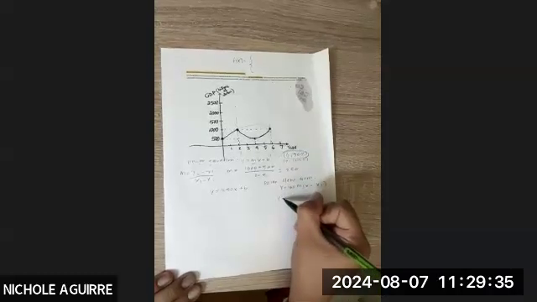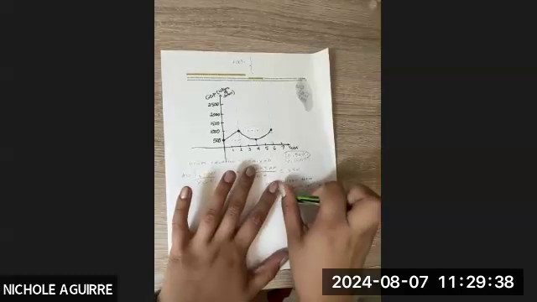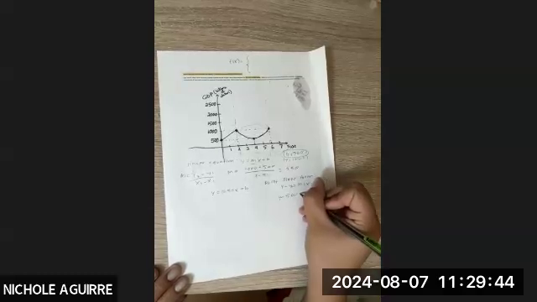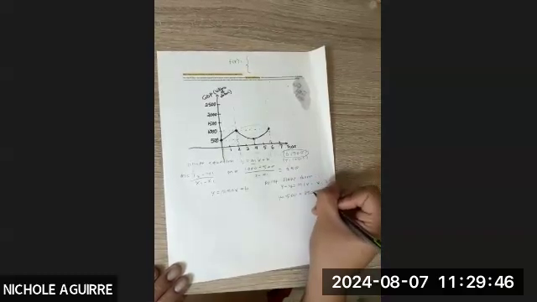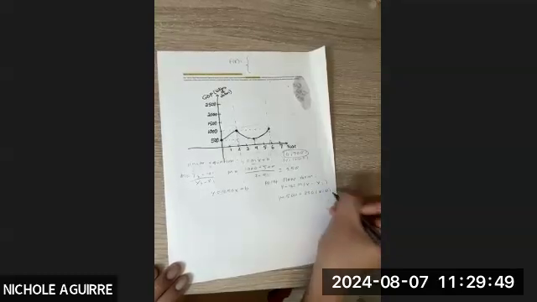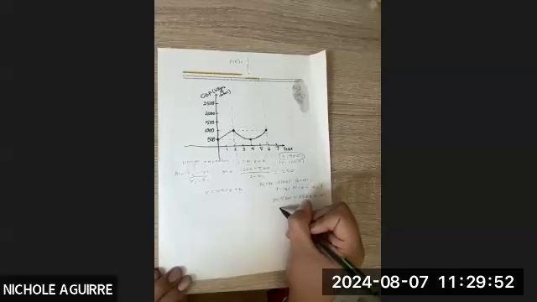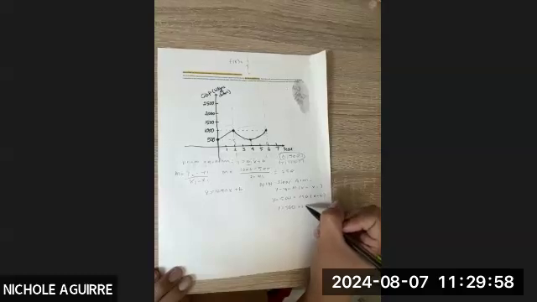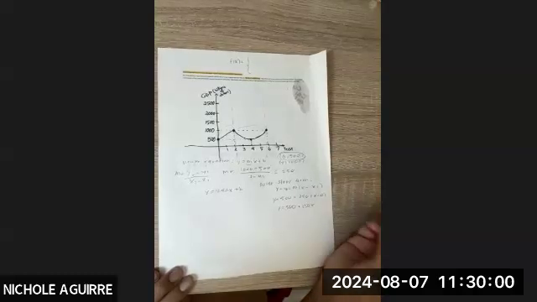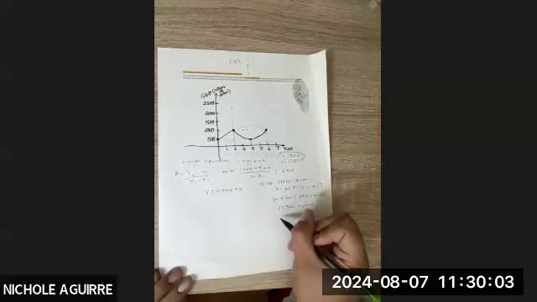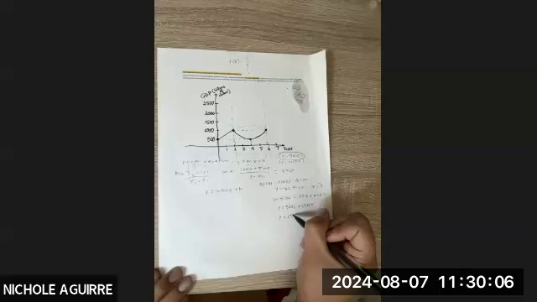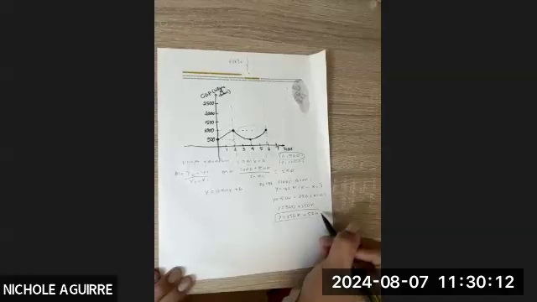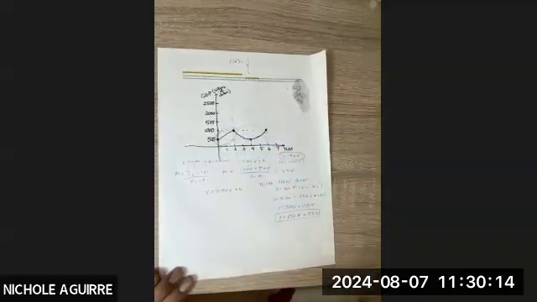It's going to be y minus 500, and then the slope, 250, times x minus the x coordinate, which is 0. So we could put it in this form, plus 500. So this would be the equation of this linear line right here.